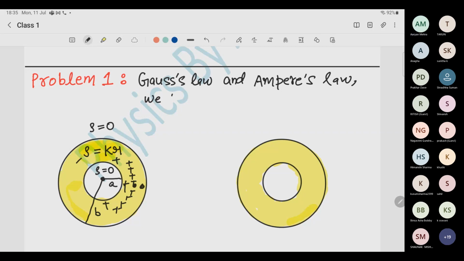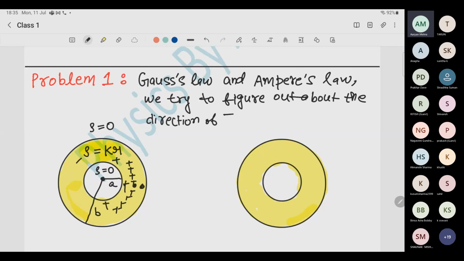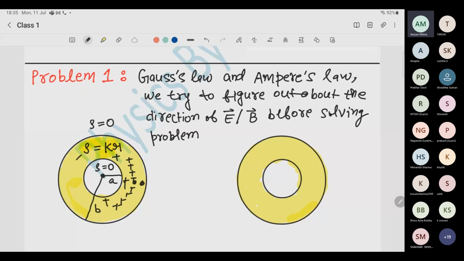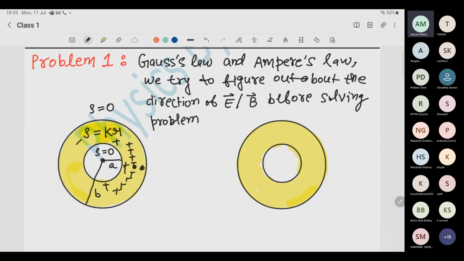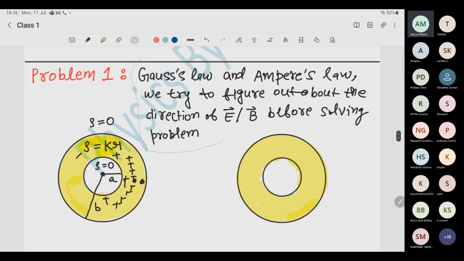We try to figure out the direction of the electric field or magnetic field before solving the problem. If you want to solve the problem, you need to first understand the direction of the electric field and magnetic field. Only then can you proceed. Gauss law never tells you about the direction of the electric field or magnetic field. Always remember this.